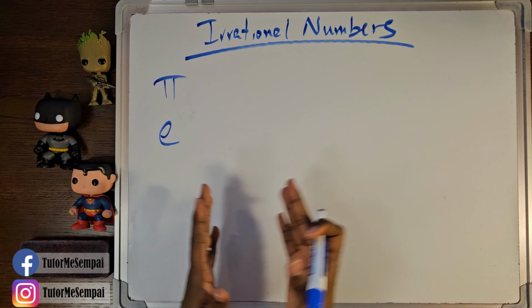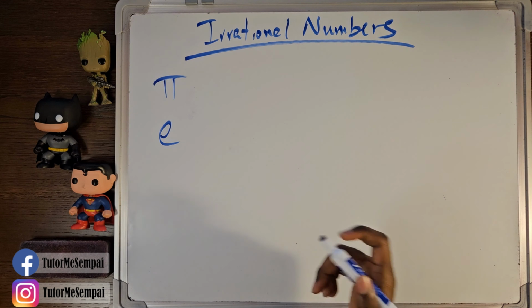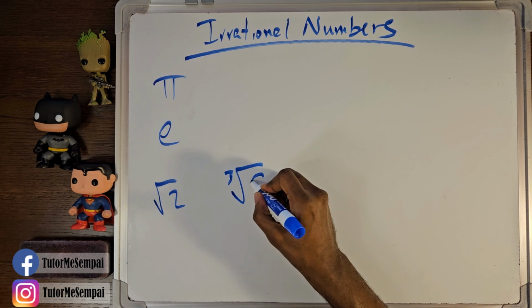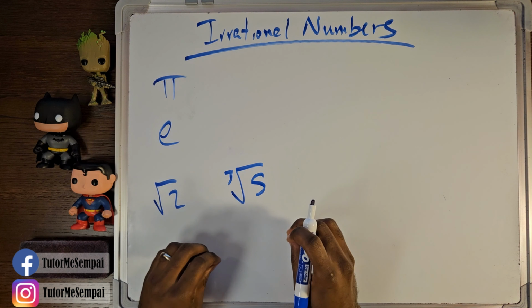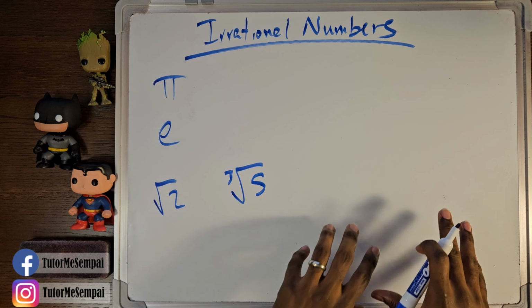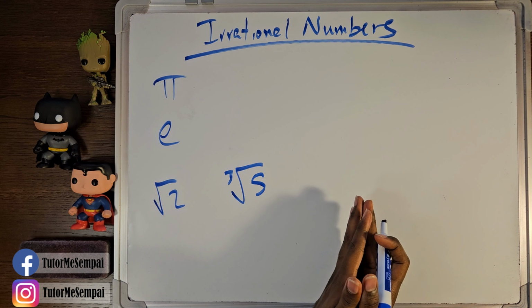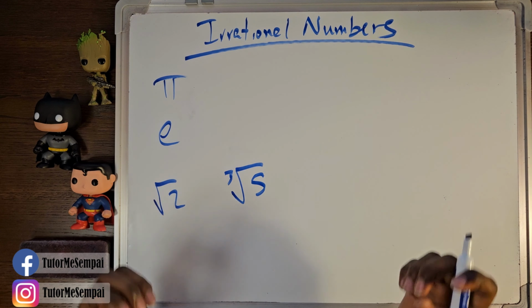So another example of an irrational number is going to be your non-perfect radicals, your square root of 2, your cube root of 5. Any number that when you convert it to a decimal is non-finite and non-repeating, or following the definition, you cannot write it as a quotient of two integers, will be an irrational number.